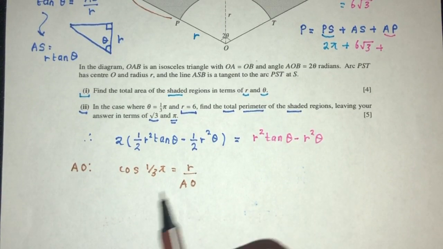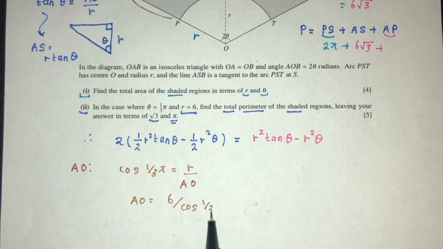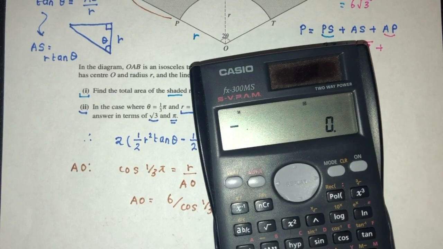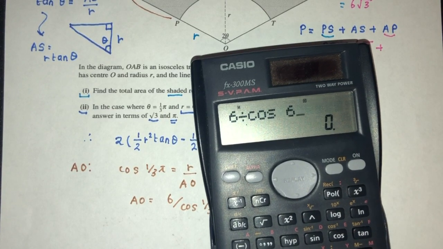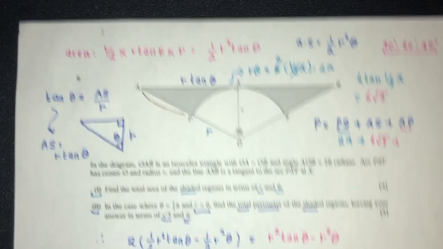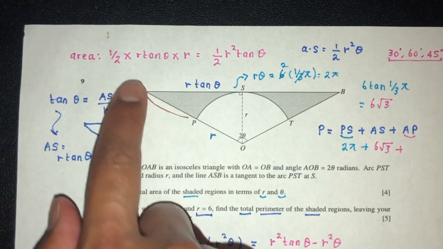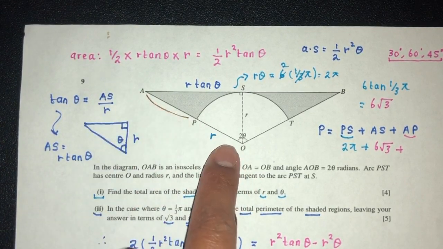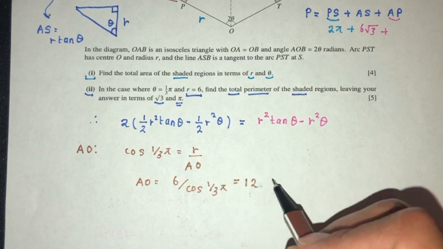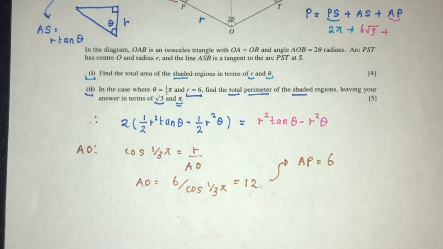Right. Now we can solve for AO. AO will be the radius 6 divided by cos of 1/3 pi. Cos of 60 is 1/2, so that should be 12. So as we can see, the whole thing here is 12. The radius is 6, so this will be remaining: 12 minus 6 will be 6. From here we realize that AP will be 6.